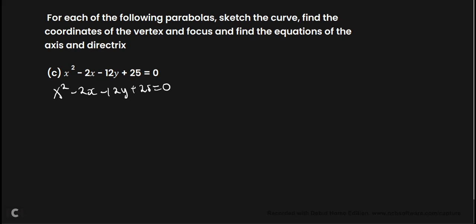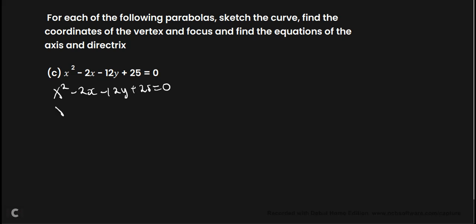The thing that you do when you have this is what we call the complete the square method. Now, the first thing that you do is check which one among these, the x or the y, is squared. You shall see that the one which is squared is x, right? So your x terms will remain on your left side. Then your y will go to the right side with the constant number.